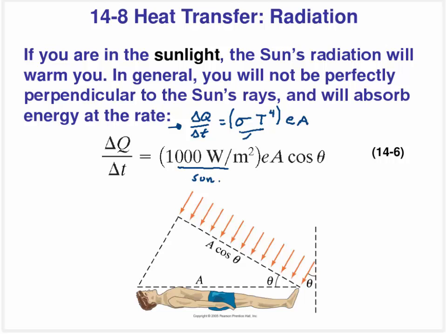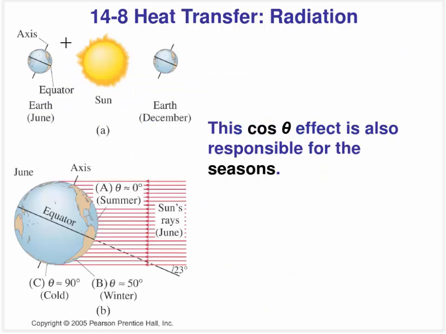So that's these two guys for the sun, multiplied by your emissivity, multiplied by your cross-sectional area, as well as the cosine of the angle that they come in. Obviously, when that angle is equal to 90, you're going to warm up the most. If a problem doesn't give you the angle, you assume that it comes in perpendicular to the surface, and just use the equation from the last slide.